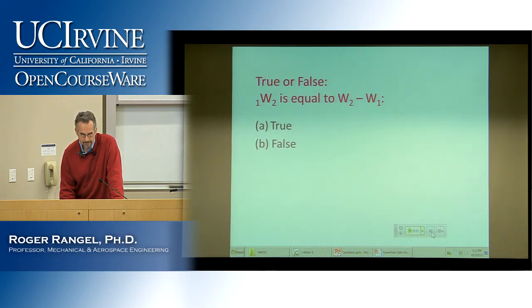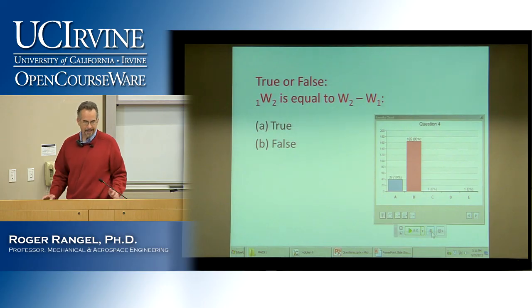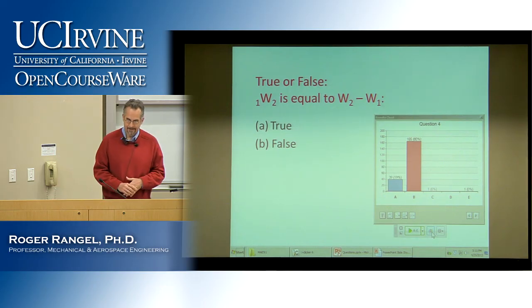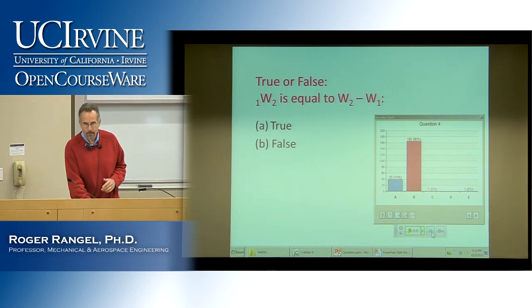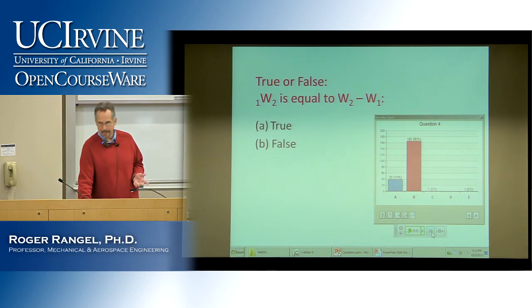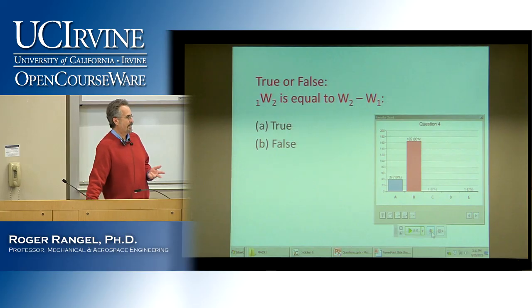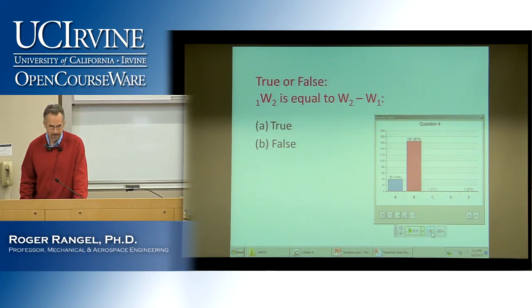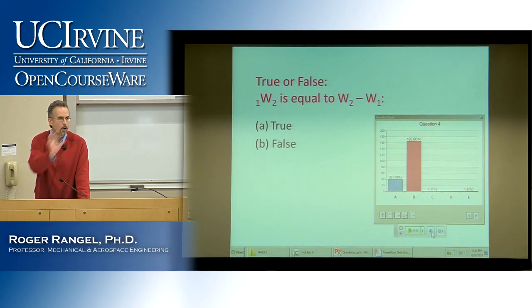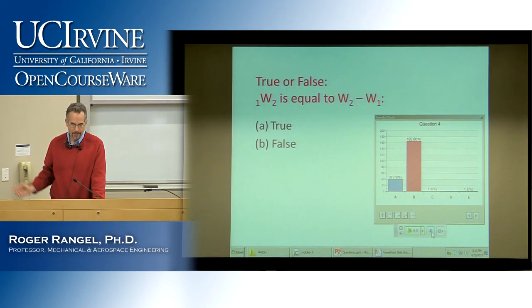Okay, let's see. Yeah, it is false. W12 is not equal to W2 minus W1. Why is that for the 39 who said that it was true? Because that would imply that W2 and W1 are states, right? And there is not a state W2 or a state W1. There is no work at state 1 or work at state 2. There's just work going from 1 to 2.